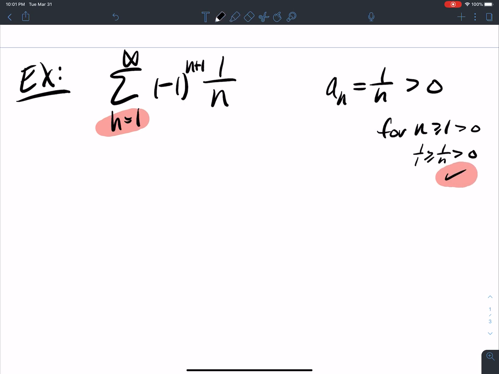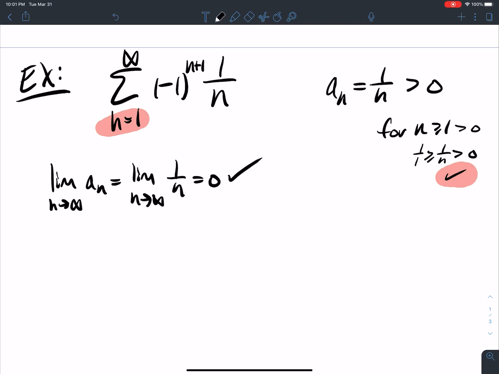I need to check the limit as n goes to infinity of a_n, which is equal to the limit as n goes to infinity of 1 over n, which equals 0. Check.